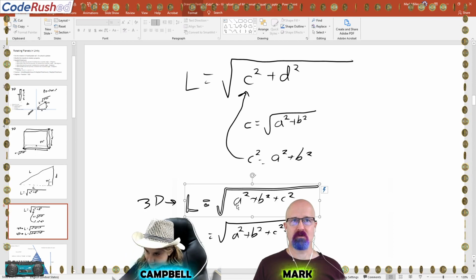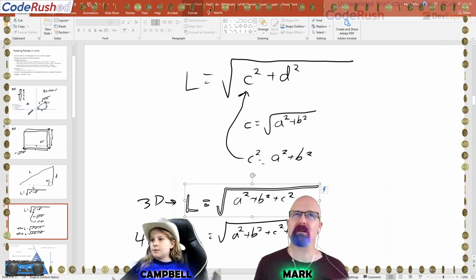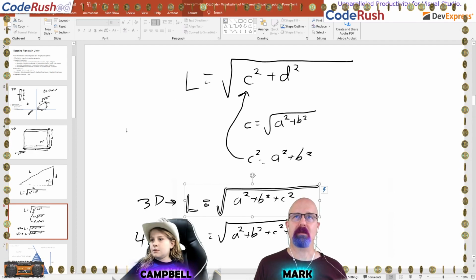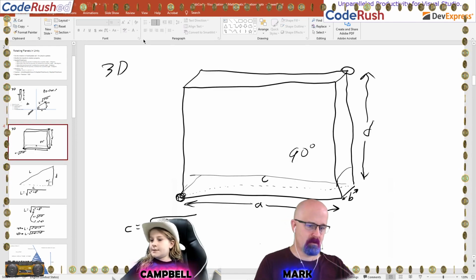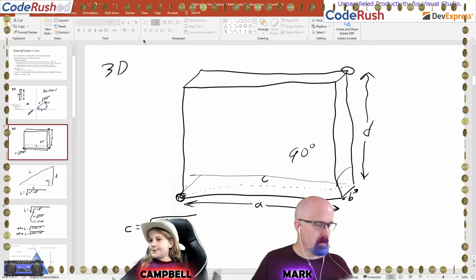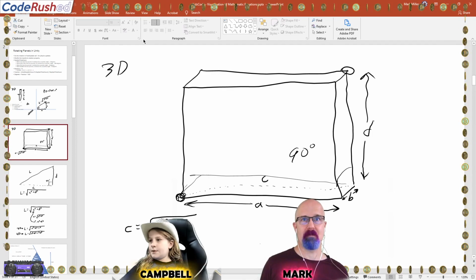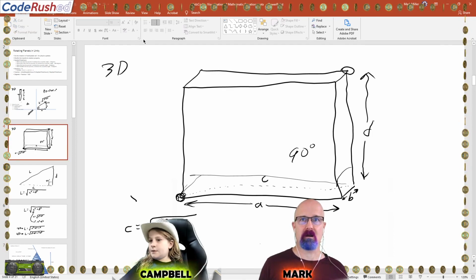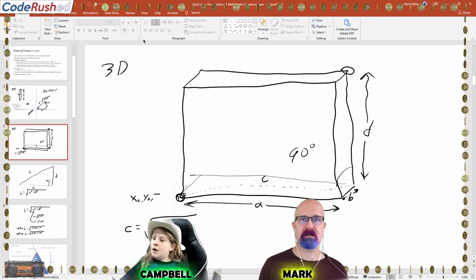Yes, I understand. So in this case, A, B, and C may not be clear. What are A, B, and C? When I'm talking about A here, they're lengths. But what we really have is this: when I define my vector, I'm going to have x0, y0, z0.